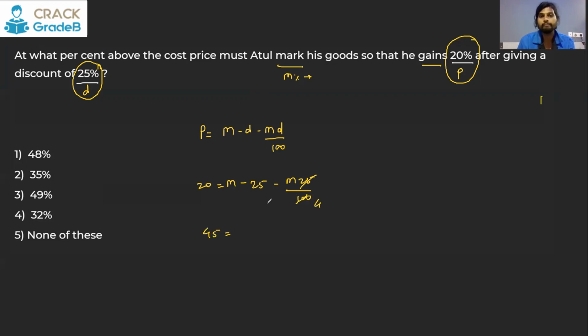And then it becomes 4m minus m, 3m upon 4. And then 3 fifteens are 45. And then m becomes 15 into 4, that is 60%. So the markup is 60%.